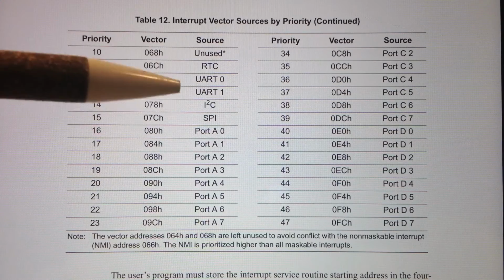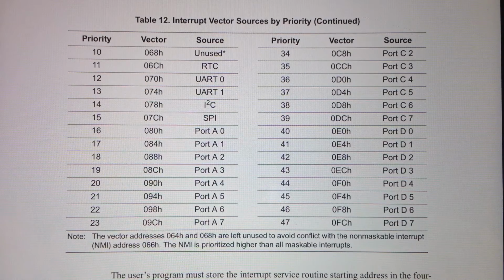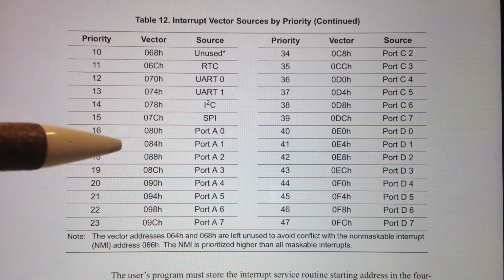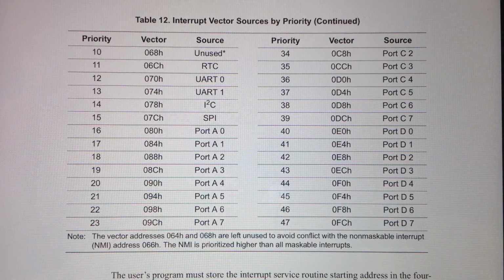In fact, it's the SPI interrupt. It's the only one I'm using right now, except for the pin interrupt on port A, and it has a lower priority number here, which means that it has higher priority. So whenever both of them occur, SPI gets served first, which is not what I want.